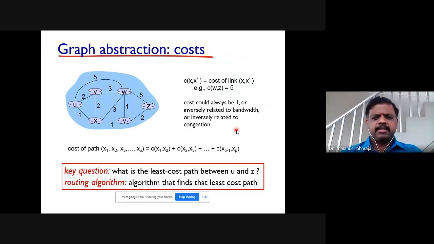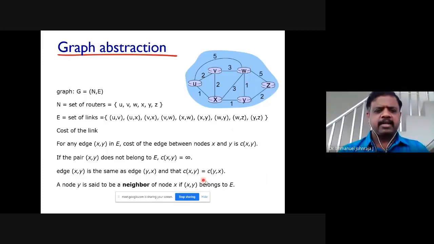algorithm. So what is the cost of a path? We have just seen in the previous screen the cost of an edge. Now, what is the cost of a path? Again, it is the summation of the costs of the edges.